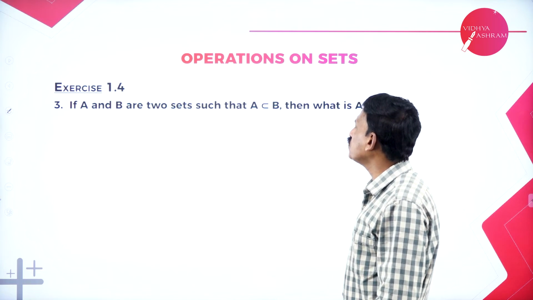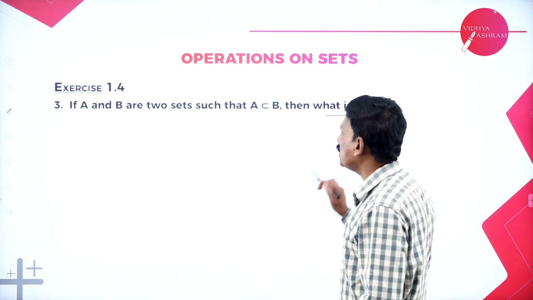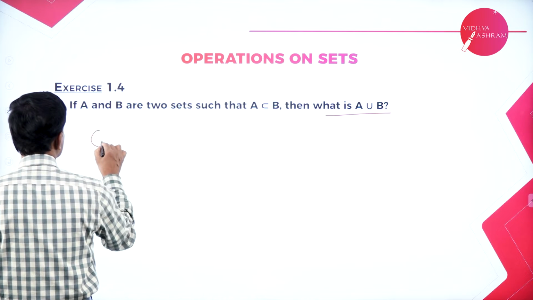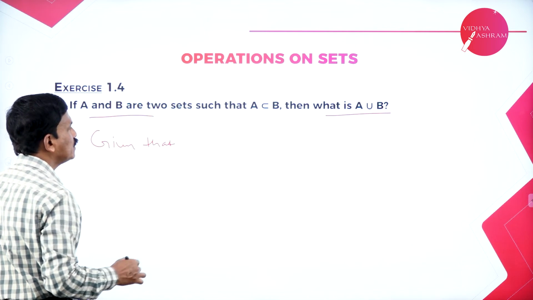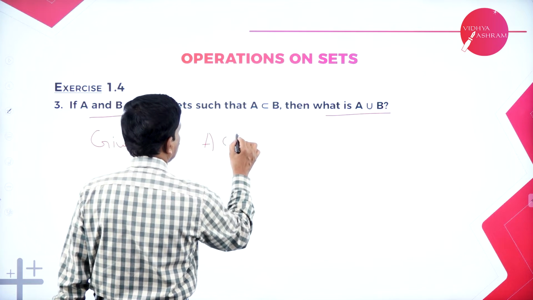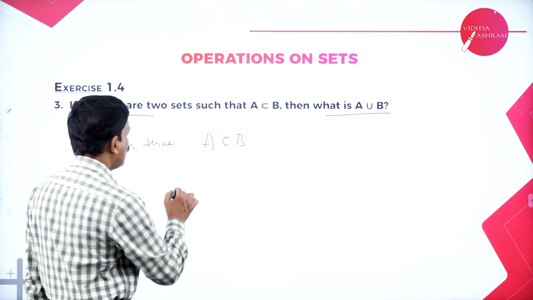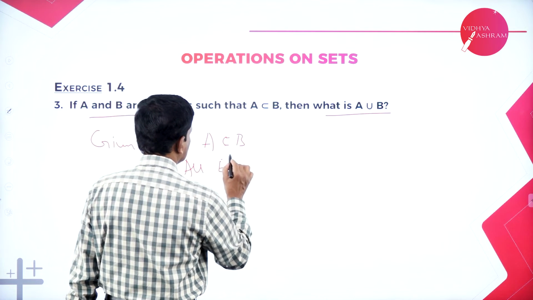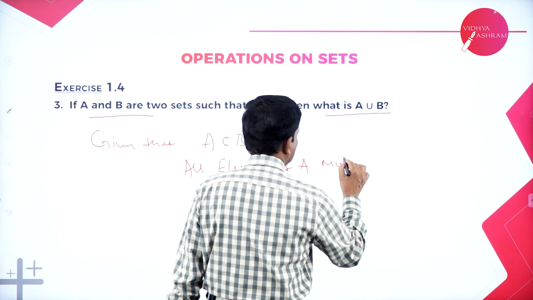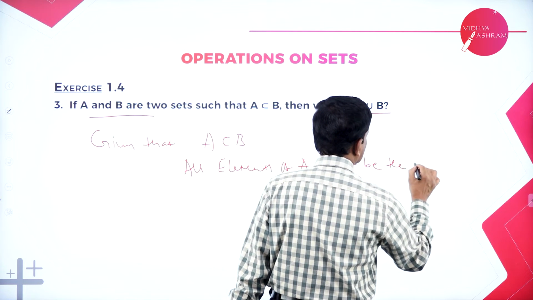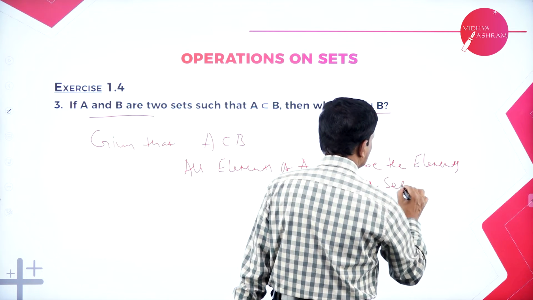If A and B are any two sets such that A is a subset of B, then what is A union B? See here, what is given? Given that for any two sets A and B, A is a subset of B. Now, A is a subset of B means, according to the definition, all the elements of A must be the elements of set B, right?